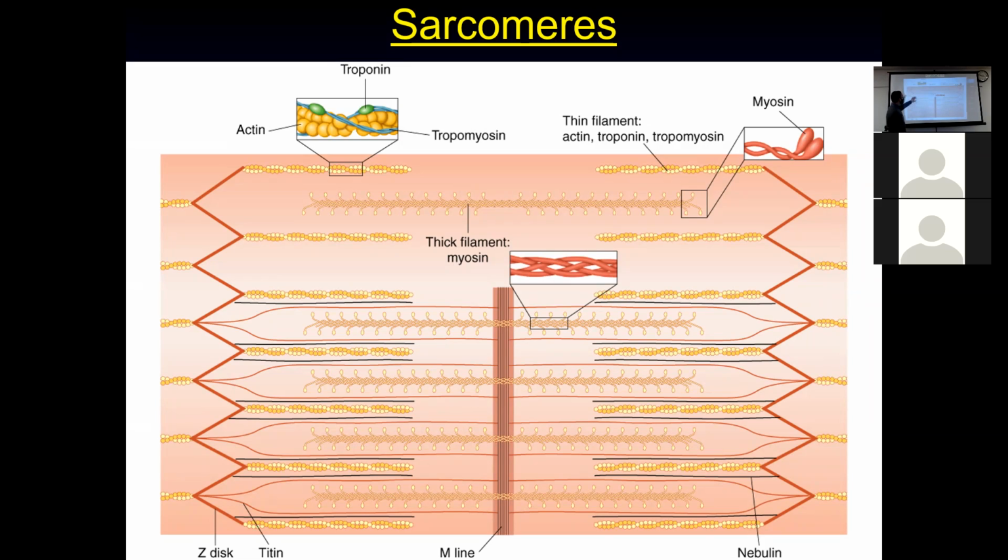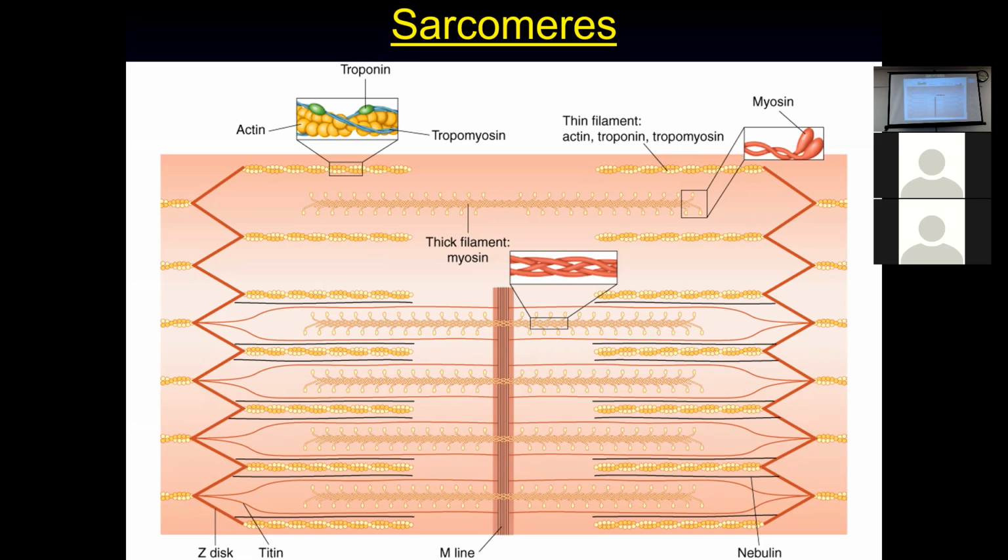So what you can see then is if we were to look at this under a microscope, we have these thick filaments that are made up of myosin. A myosin filament is going to be this long string, and an individual myosin molecule, let me draw one.